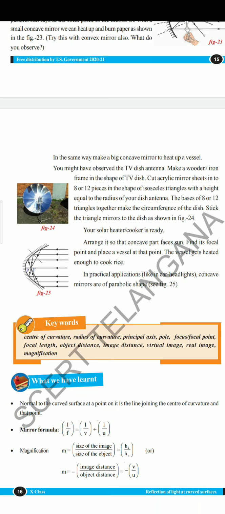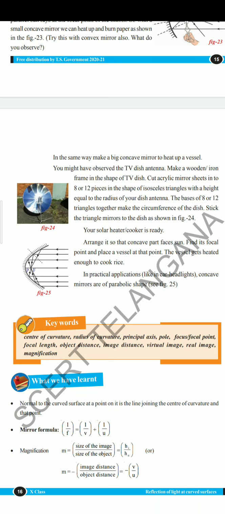Cut acrylic mirror sheets into 8 or 12 pieces in the shape of isosceles triangles with a height equal to the radius of your dish antenna. The bases of the 8 or 12 triangles together make the circumference of the dish. Stick the triangle mirrors to the dish as shown in figure 24.